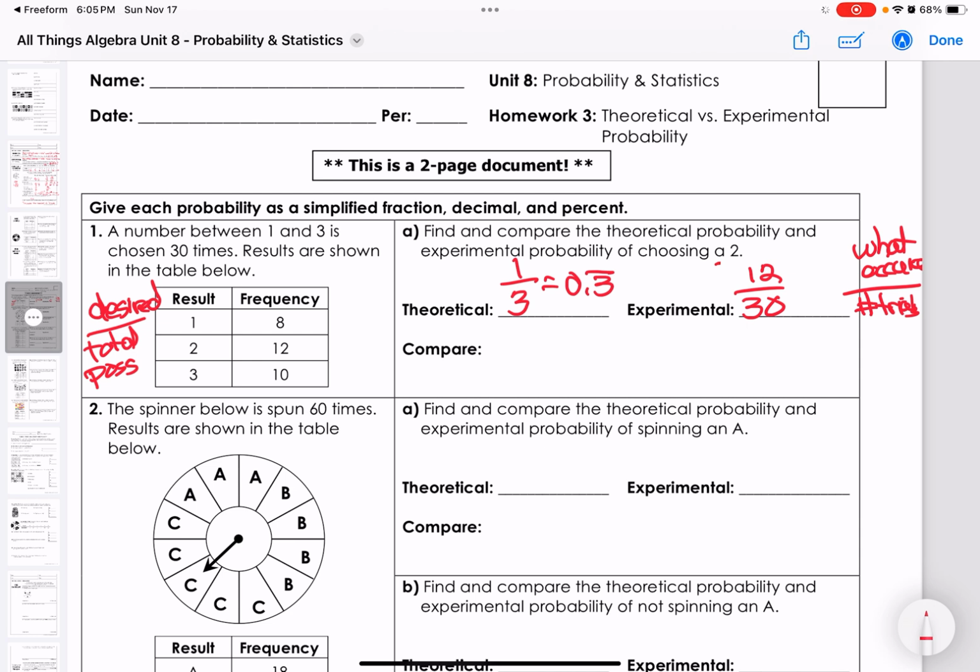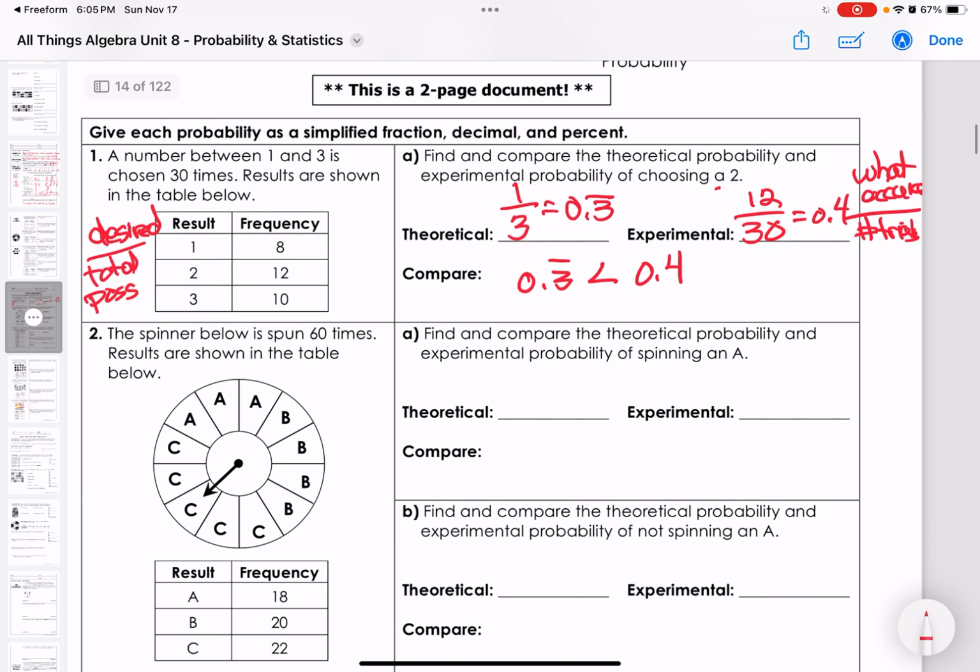So when we compare, 0.3 repeating is actually less than 0.4. So in this case, the experimental is greater than the theoretical.